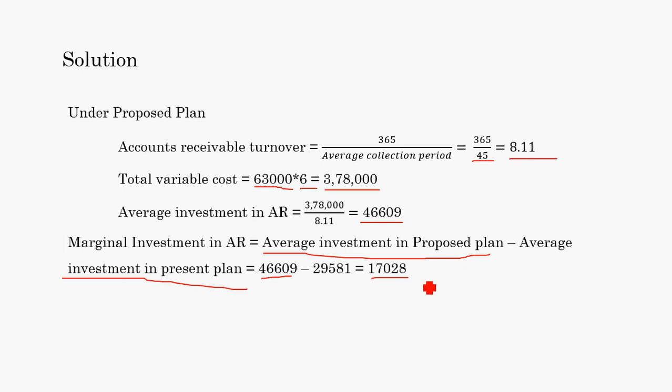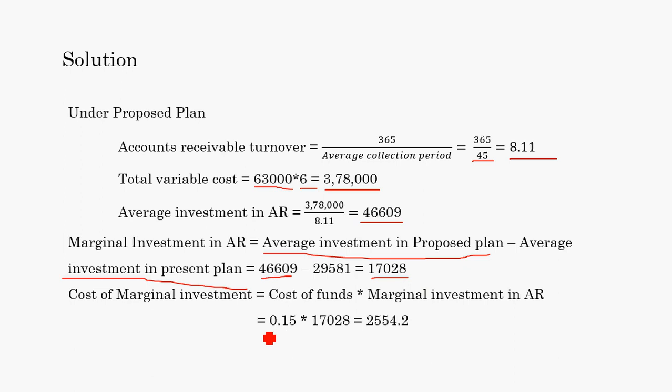So the cost of this increased investment would be the cost of funds, 15%, into 17,028. So the cost of marginal investment is 2,554.2.